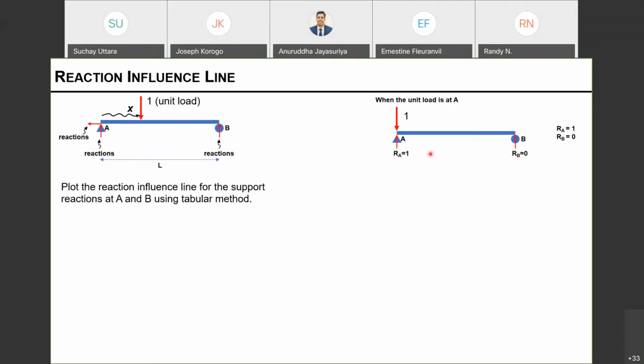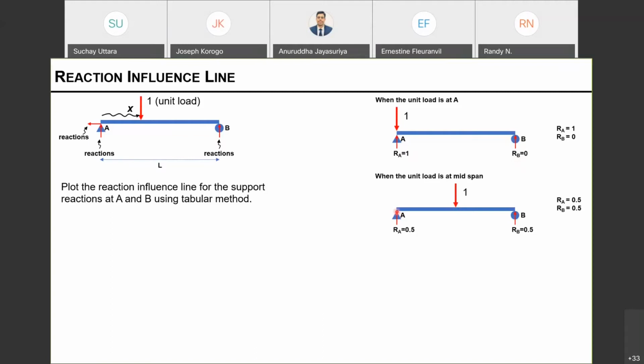Also, if you take the moment at A and look at the moment equilibrium, RB times the length, let's say L, RB L is equal to 0, because there are no other applied loads across this span. Therefore, my RB, the reaction at B, is 0.